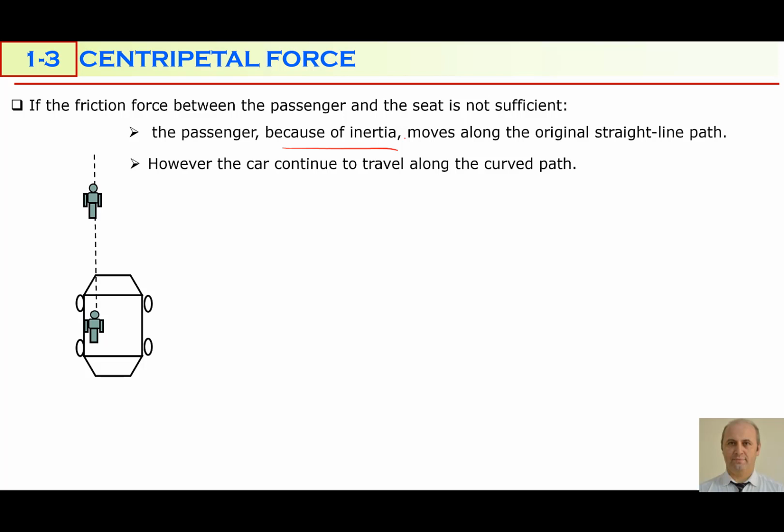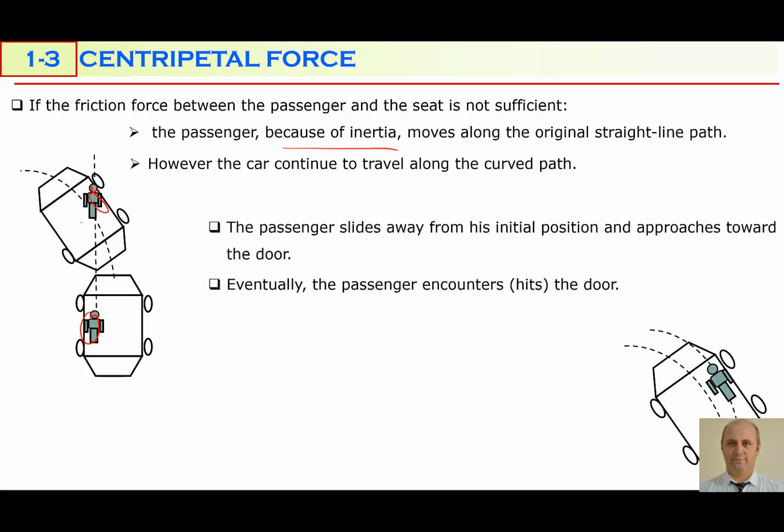However, the car is still turning. The car is making the turn to the left. So as the car is turning left, because the passenger is moving on a straight line path, the passenger will slide from the left side of the car to the right side. So the passenger slides away from his initial position and approaches the door. Eventually, the passenger hits the door.